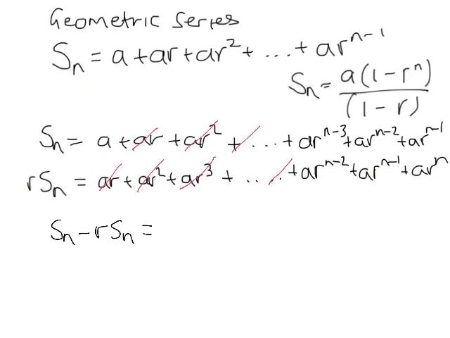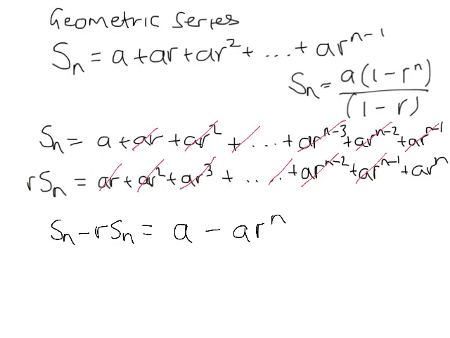And the same, there's going to be an AR to the n minus 3 there that cancels that out, and so on. And what we're going to be left with is actually just A minus A R to the n.